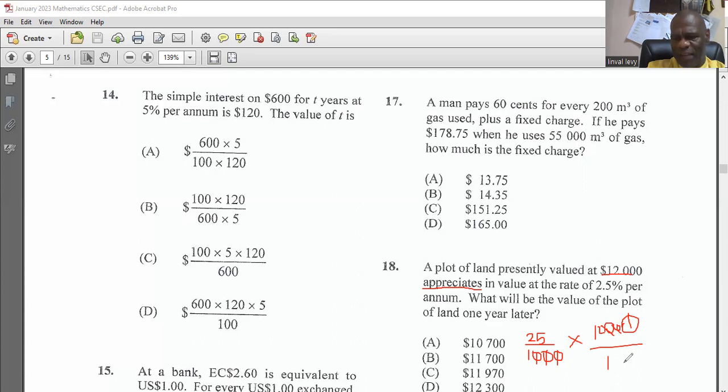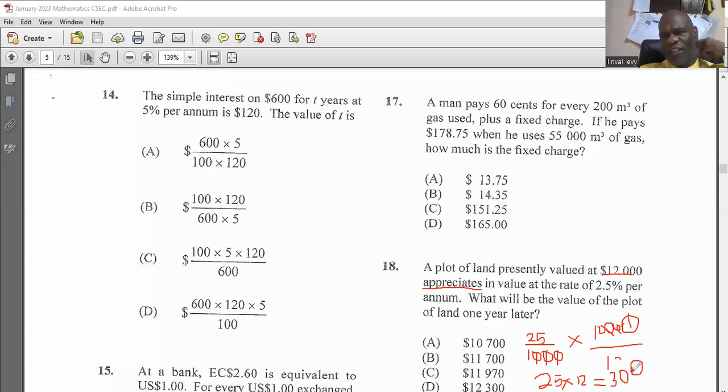So 25 times 12, you can quickly work that out. 25 times 12 equals 300.